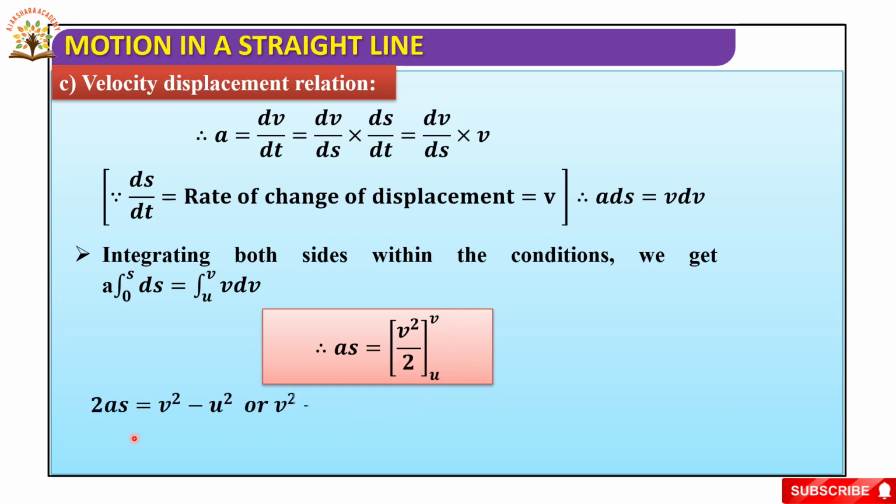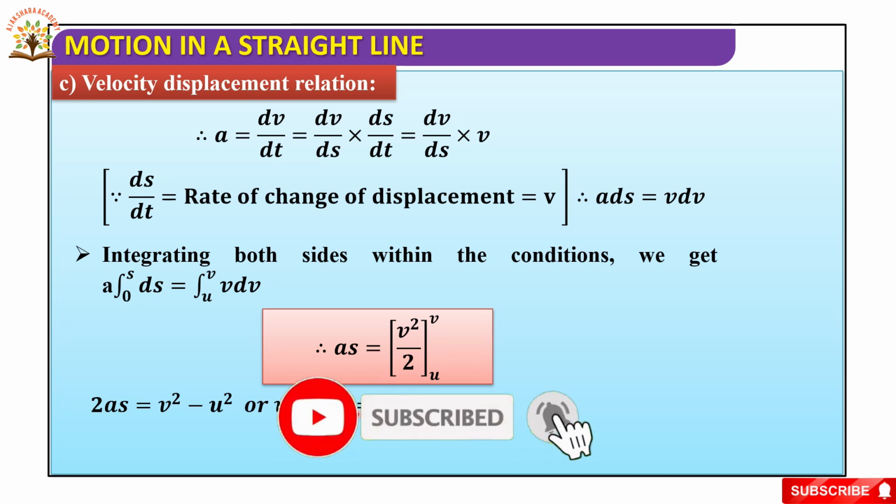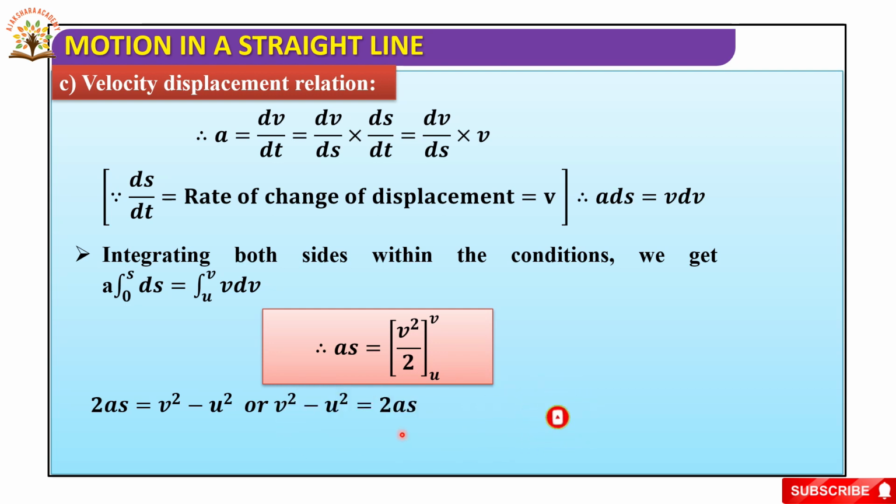So 2as is equal to v square minus u square, or it can be written as v square minus u square is equal to 2as. This is known as the velocity displacement relation. That is the third equation. It is v square minus u square is equal to 2as, or you can write it as v square is equal to u square plus 2as.